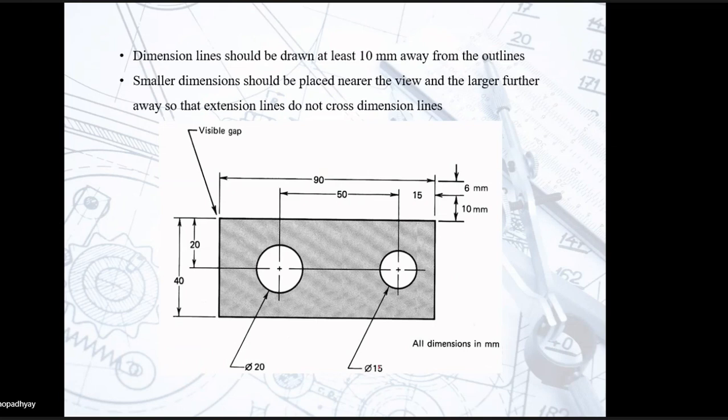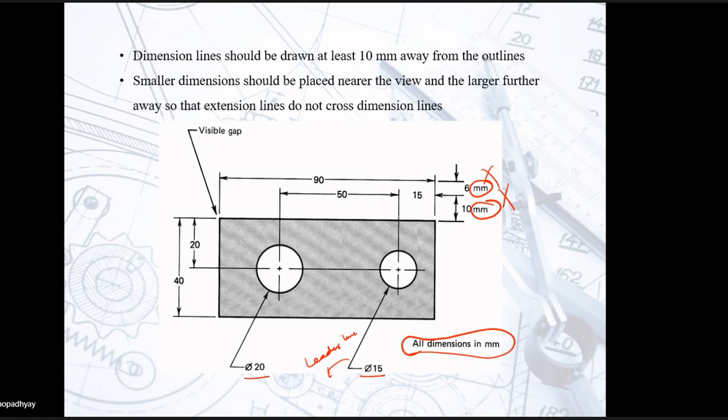So here is an example. Just have a look at this. Phi 20, phi 15. So this is a leader line. Now this is 6 mm, 10 mm. You do not need to provide these things. It is not required. So all dimensions are in millimeter.